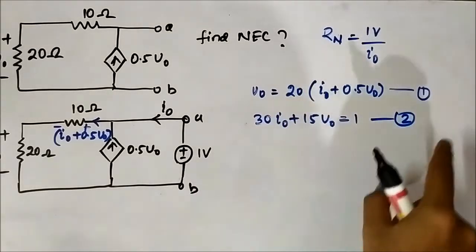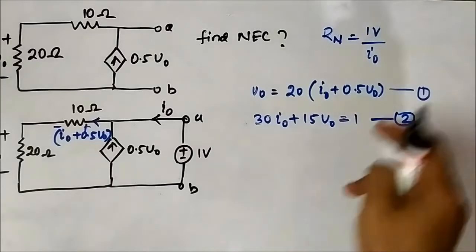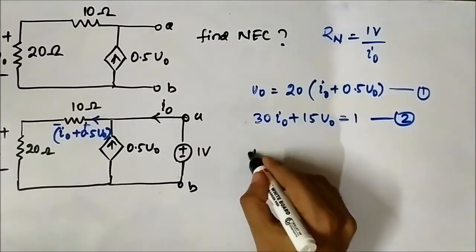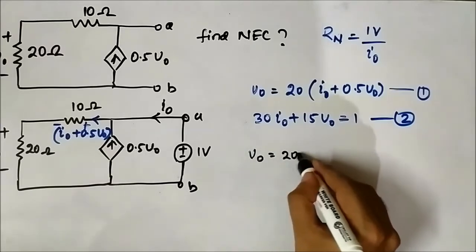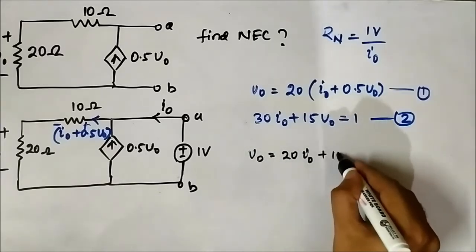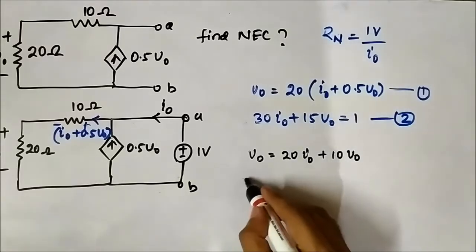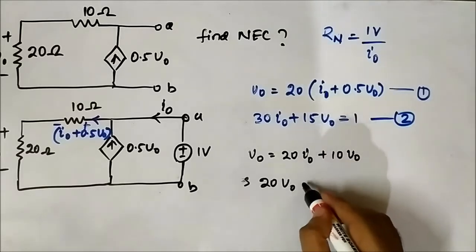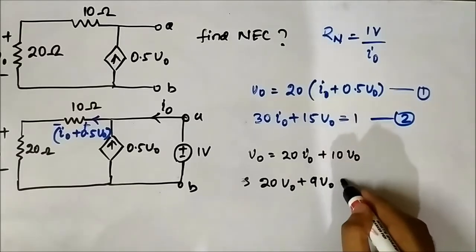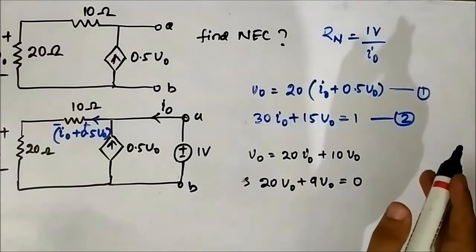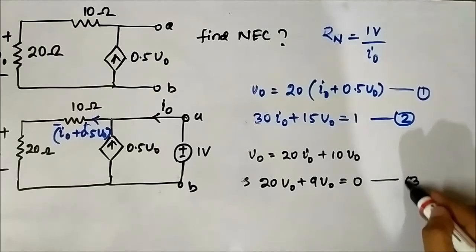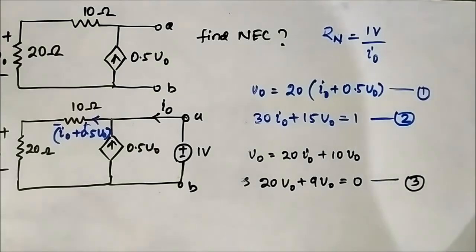So now we have got these two equations, 1 and 2. Let us simplify this first equation a little bit. V0 is equal to 20 I0 plus 10 V0, that implies 20 I0 plus 9 V0 is equal to 0. Let's say this is the third one. So now we have got two equations.